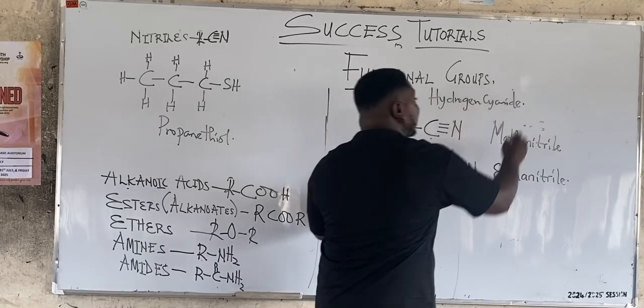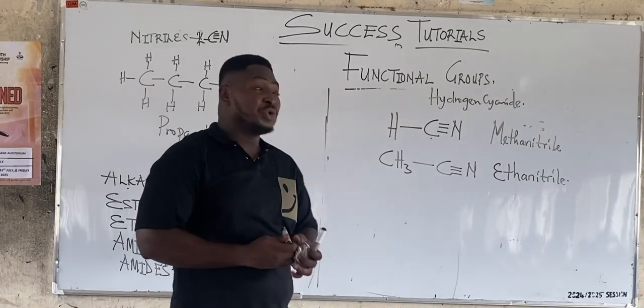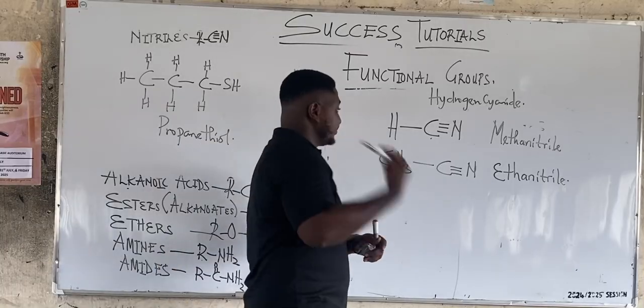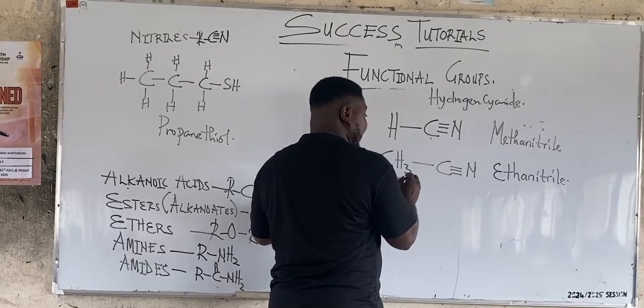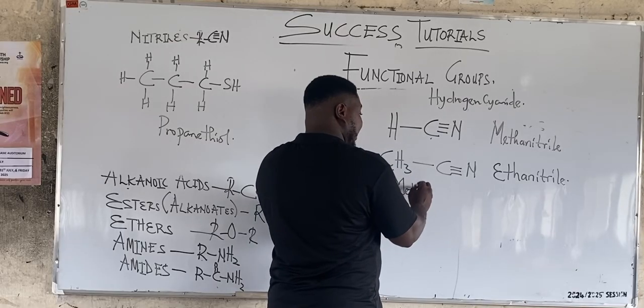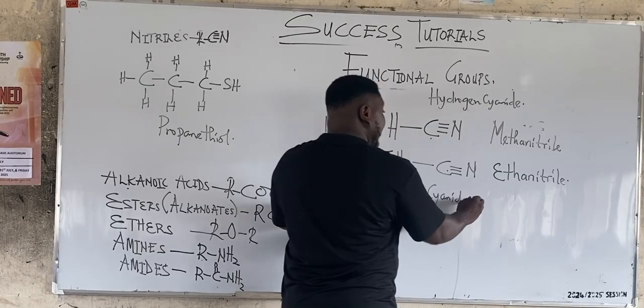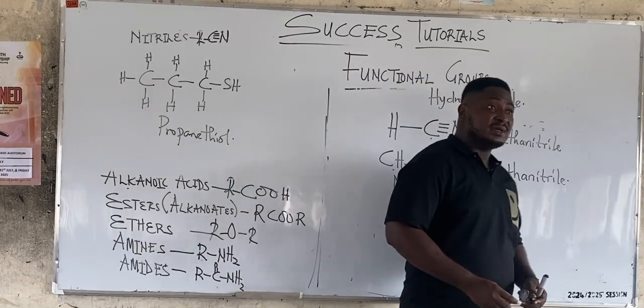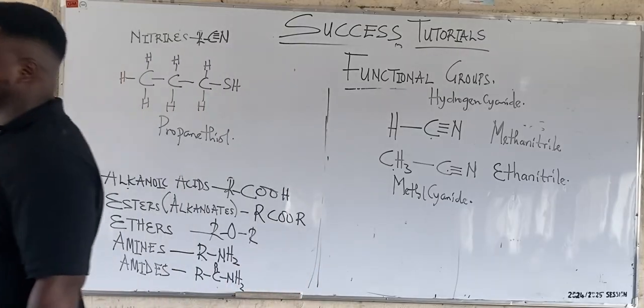Remember I told you the importance of having different points of view, so that if they ask you to draw something, you won't be completely lost. Now this one can become methyl cyanide, for this is methyl and this is cyanide. But it is still ethanenitrile. So please take note.